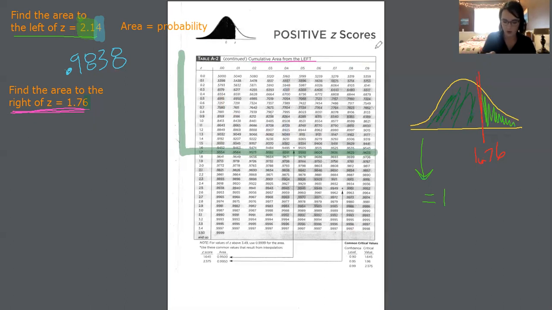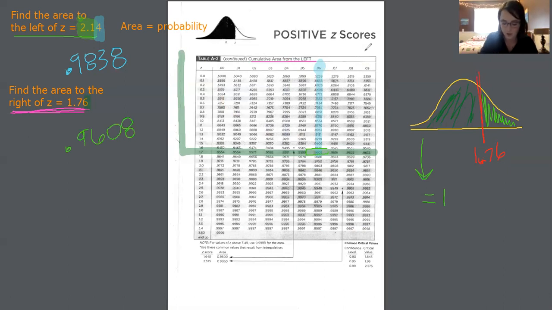So we go over to 0.06 and go down. The number we land on looks like 0.9608.